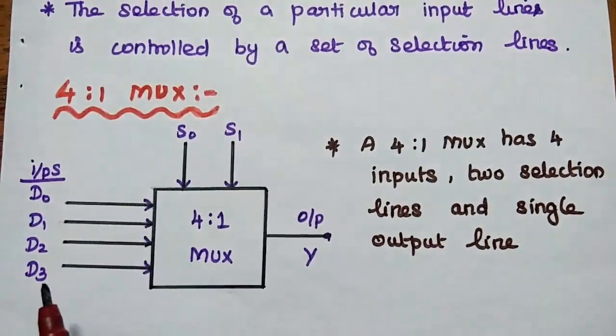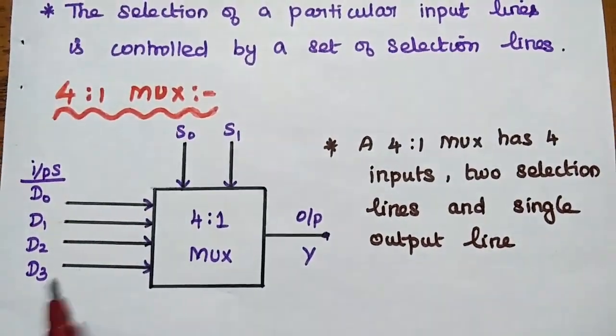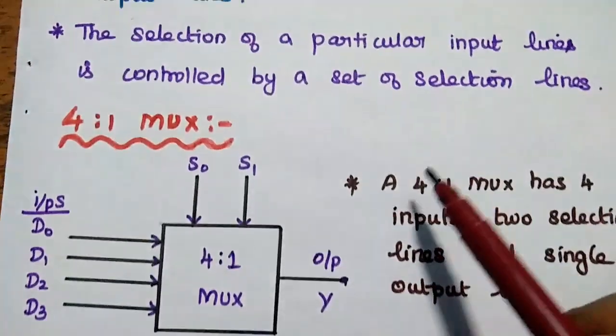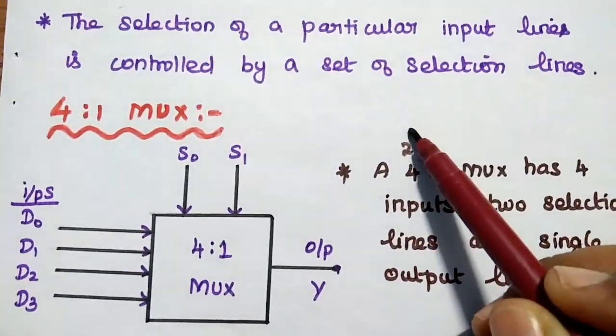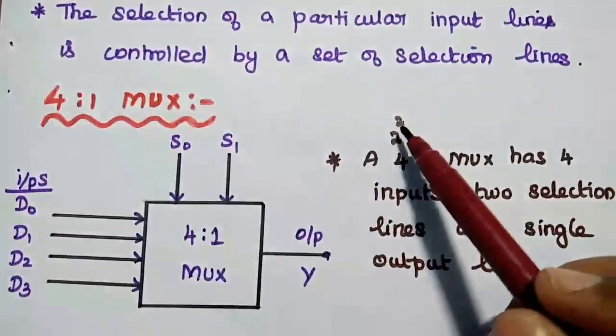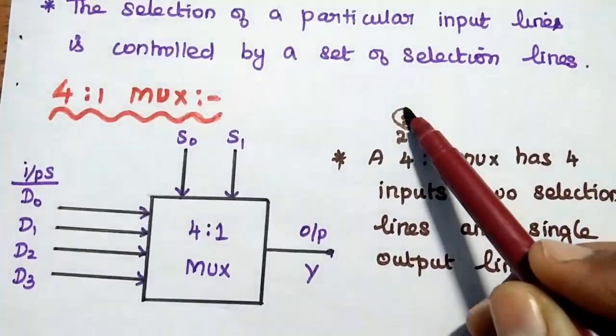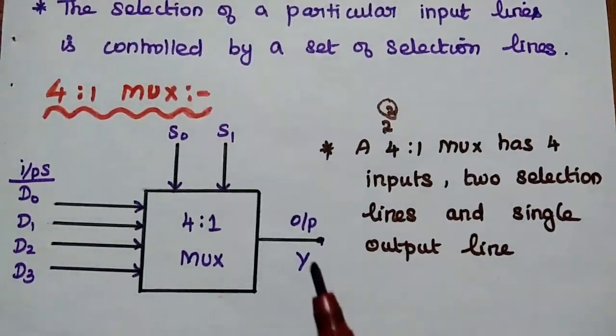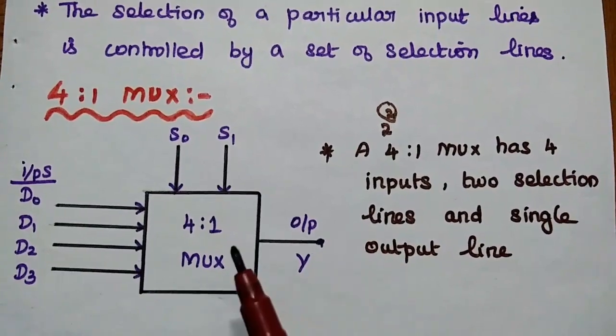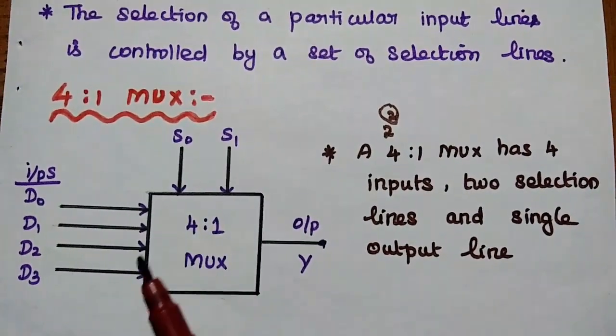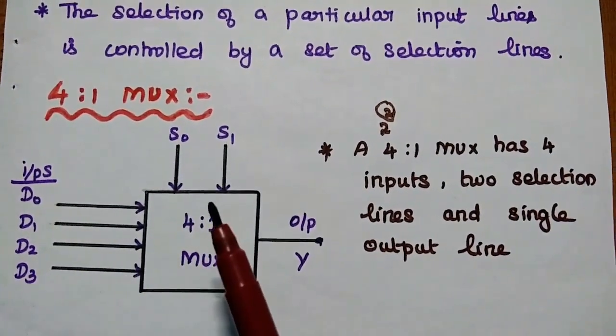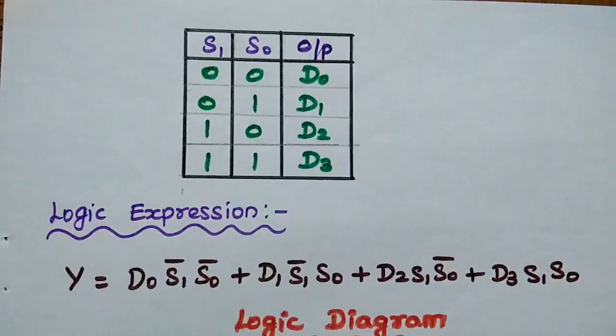D represents the input data line. Here we can represent the 4 as 2 power 2, so we need 2 selection lines to select the particular output. In this diagram we have 4 inputs, 2 selection lines and 1 output.